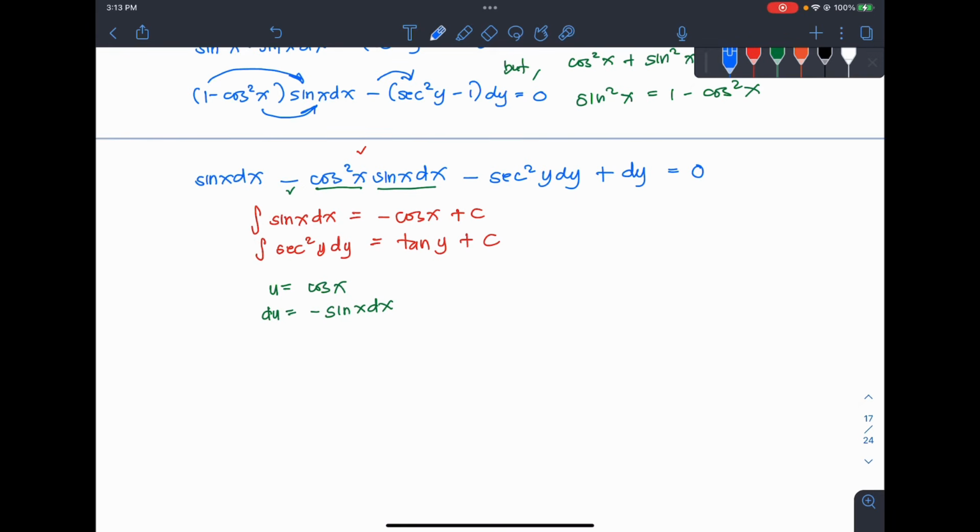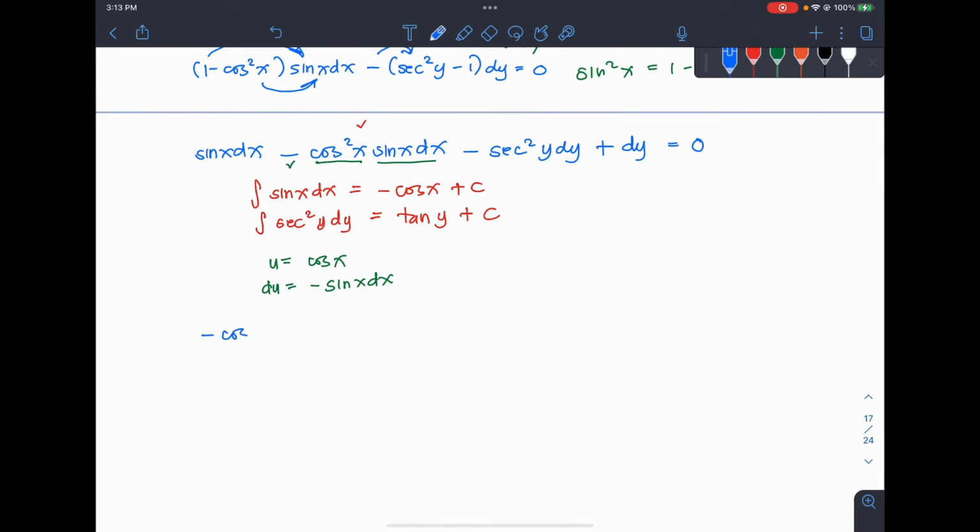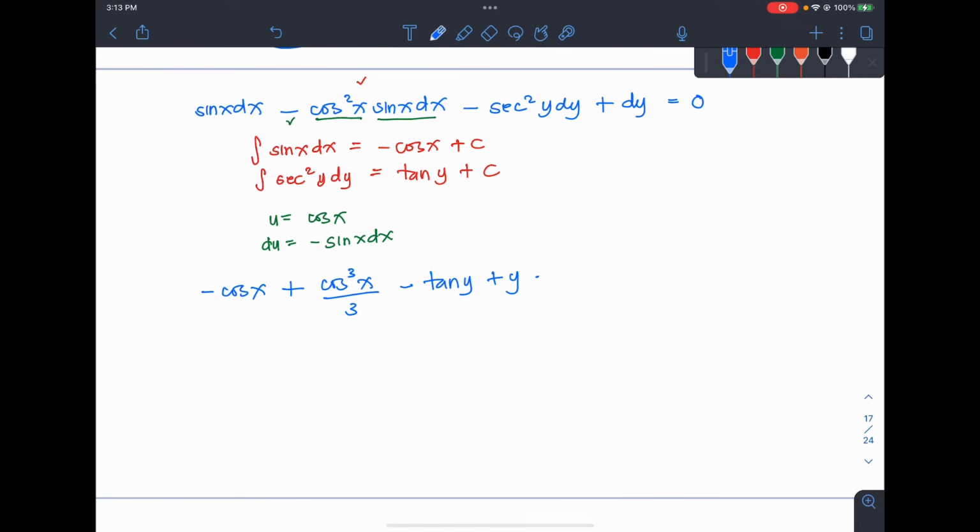So the integral of sine x will be negative cosine x. And then, since the differential u is negative sine x, which is the same as what was given, therefore this would become plus cosine cube x all over 3. Okay, so power rule. Next one is just a trigo. So secant squared is tangent y, then plus y is equal to c.